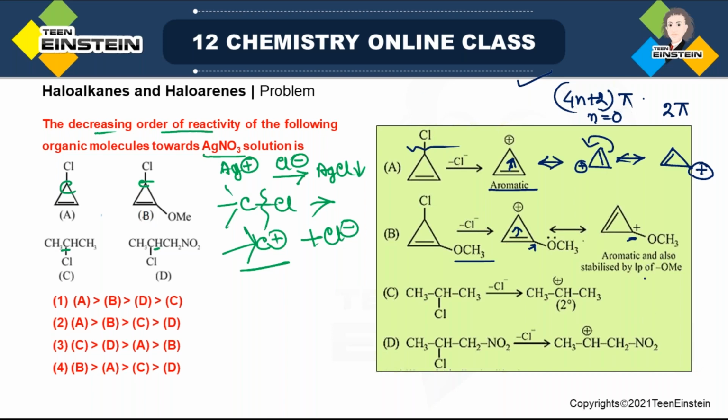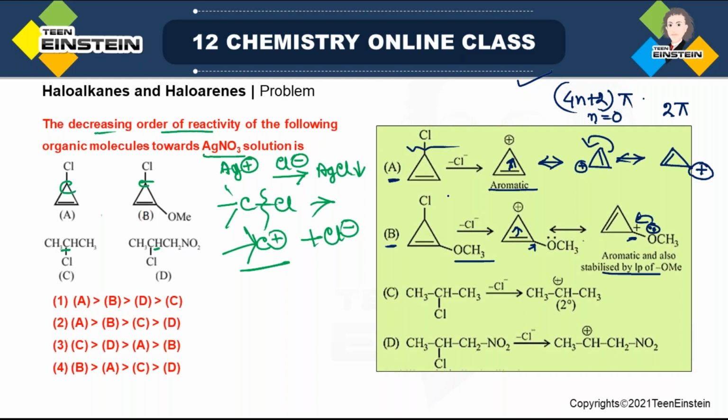So now it is not only aromatic, but there is a second factor, that the positive charge is further stabilized by the lone pair of OMe, because this type of electron donation is possible. The positive charge is adjacent to OCH3. So compared to A, B will give you better result. Both are aromatic, but in B you have some extra factor present. So B must be giving better result compared to A.